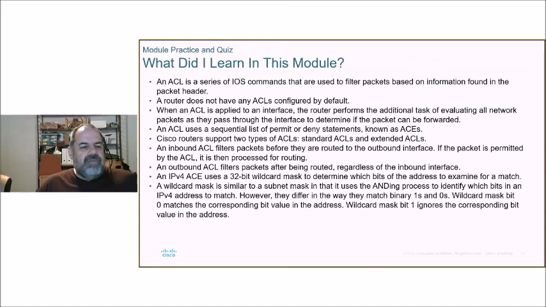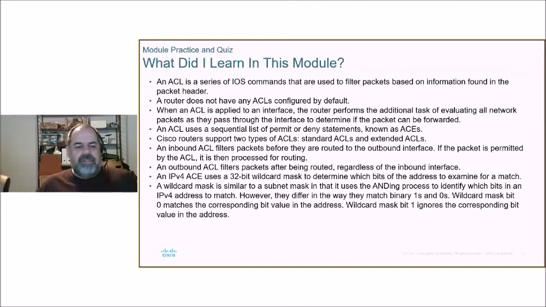An IPv4 access control entry uses a 32-bit wildcard mask to determine which bits of the address to examine for a match. A wildcard mask is similar to a subnet mask in that it's used in the ANDing process to identify which bits in the address to match. However, they differ in the way they match binary ones and zeros.